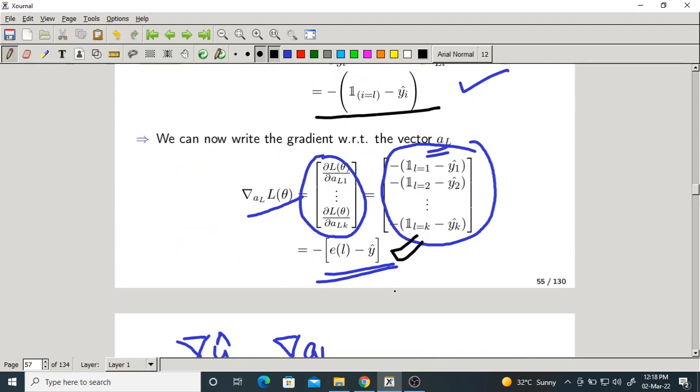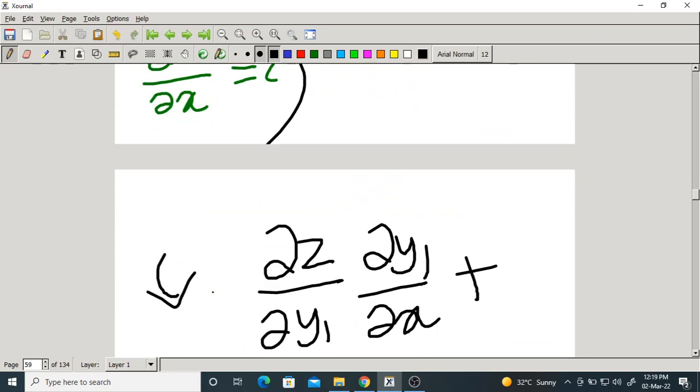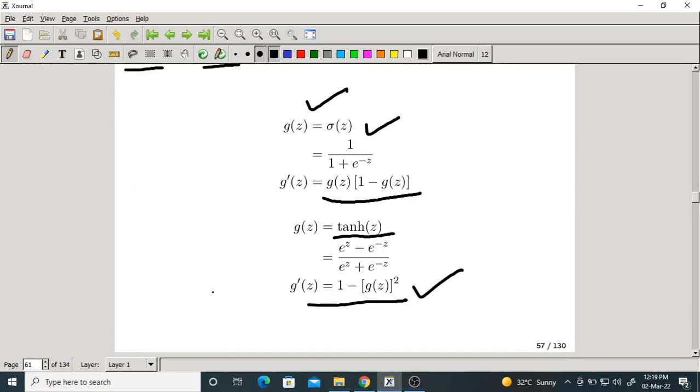We have done the gradient with respect to the output vector only, but you have to find the gradient with respect to the hidden units, and at the same time with respect to the weights and biases. If you do all those things, you need the derivatives of the activation functions. That's why I'm telling you all these things.